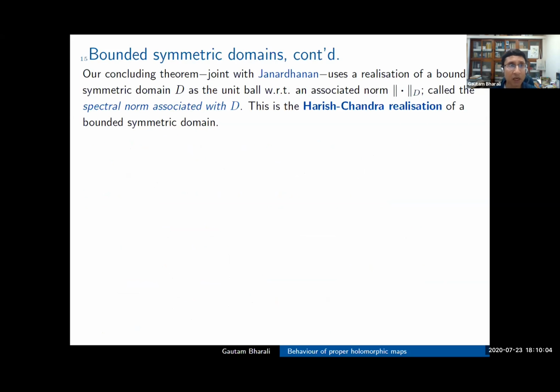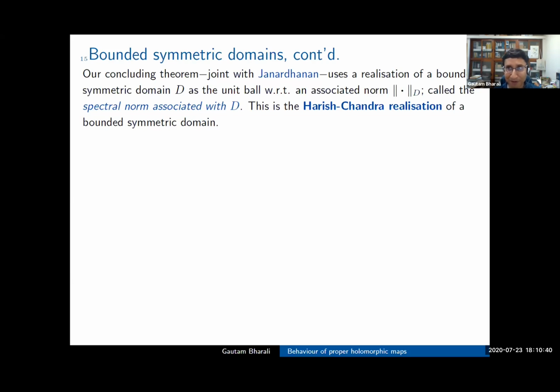Now I want to start foreshadowing the result, which I'm going to spend probably no more than 3 or 4 minutes on towards the end of the talk. So let's quickly go through the slide. I want to finish by talking about a result joint with my PhD student, Jayakrishnan Janardhanan, who is now an assistant professor at IIT Palakkad.